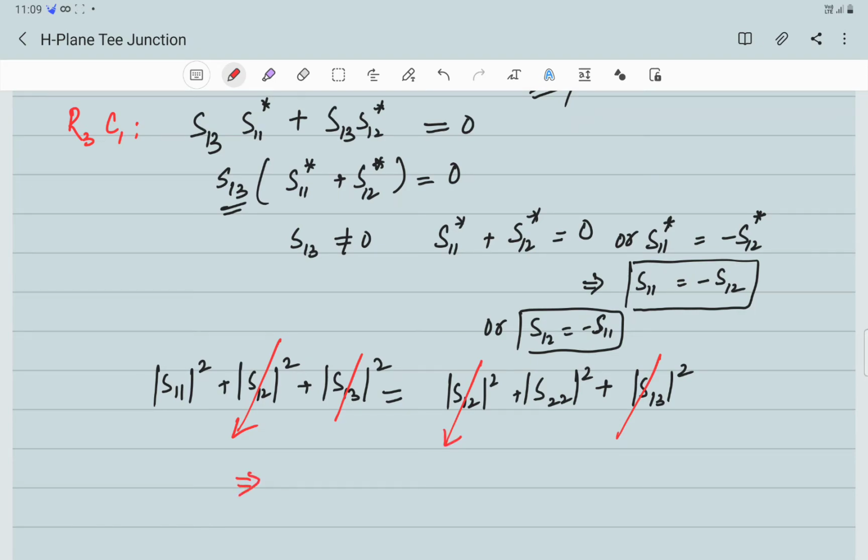So this means that S11 square is equal to S22 square, or we can write S11 is same as S22.